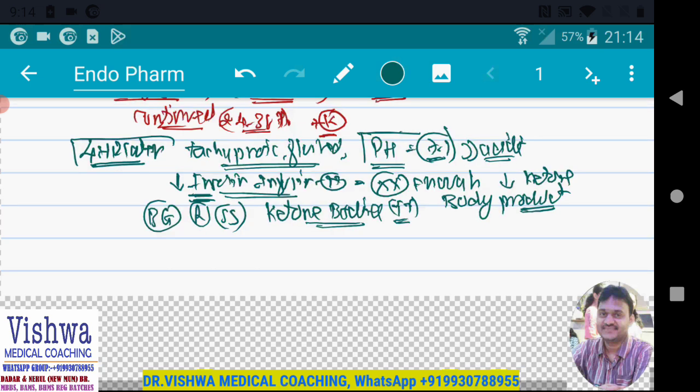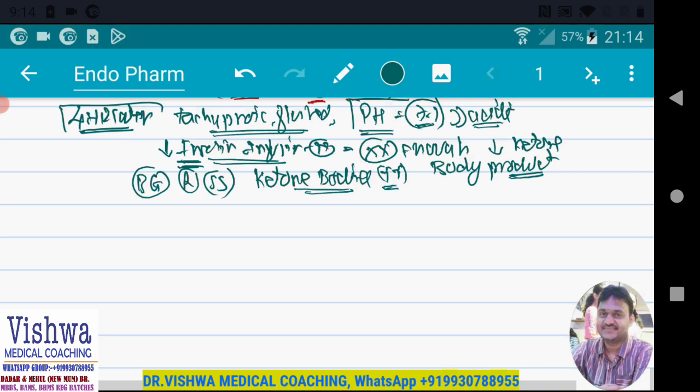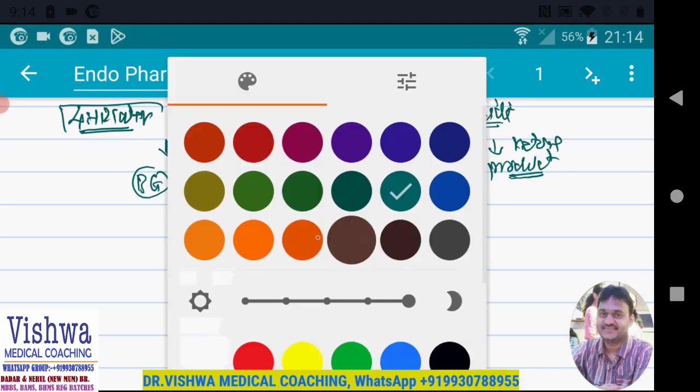So according to the acute stages of diabetic ketoacidosis, remember what is an important note. Let me write it down with a different color here. What is the important note?